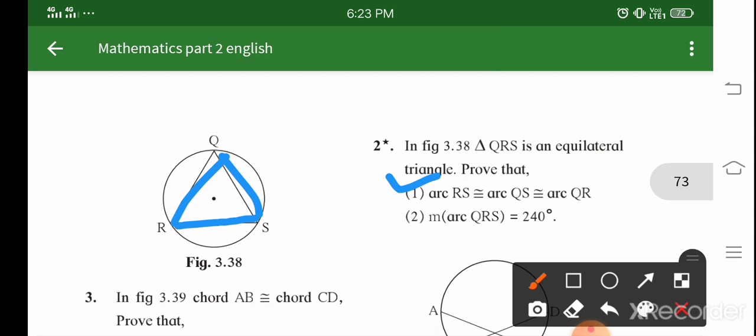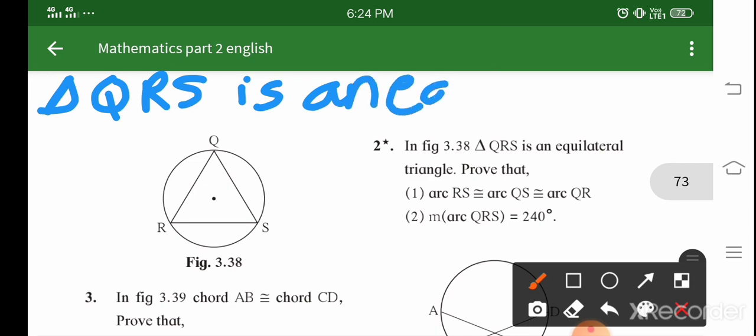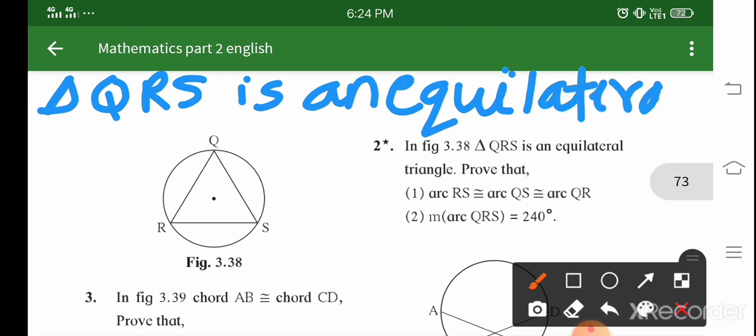Let's get started. Specify here: triangle QRS is an equilateral triangle.